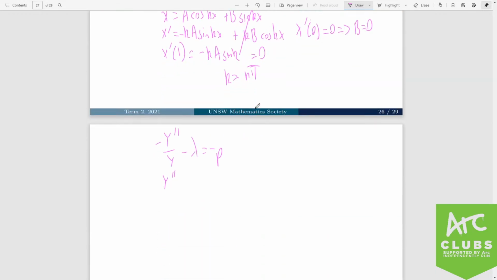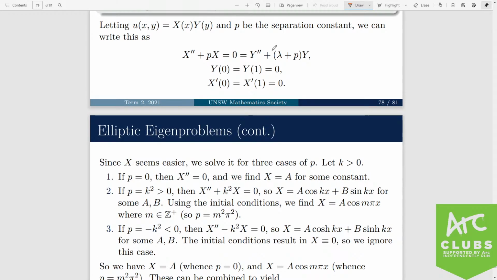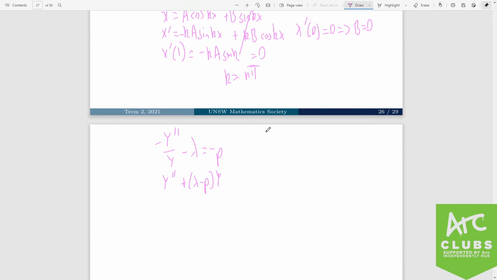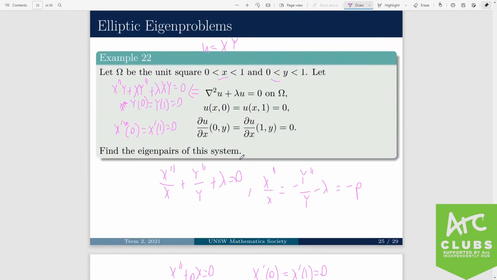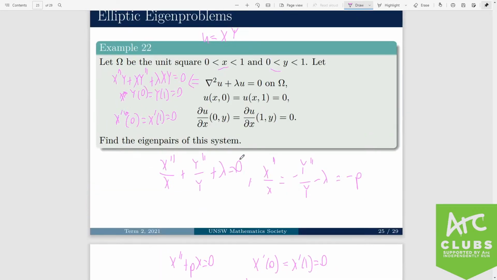Moving it over, we get Y'' plus lambda minus p, I believe. Hold on.